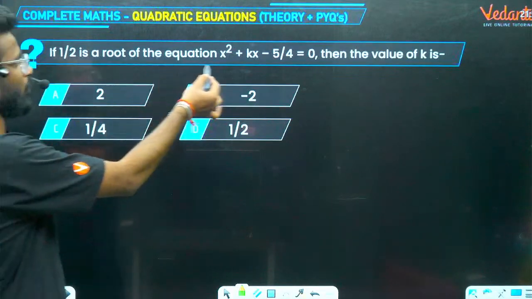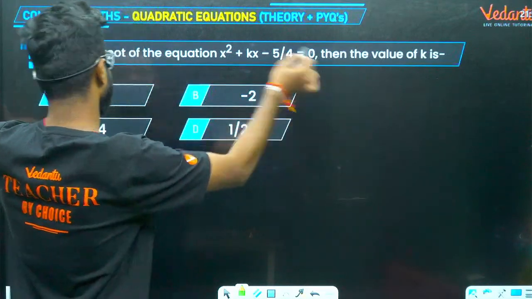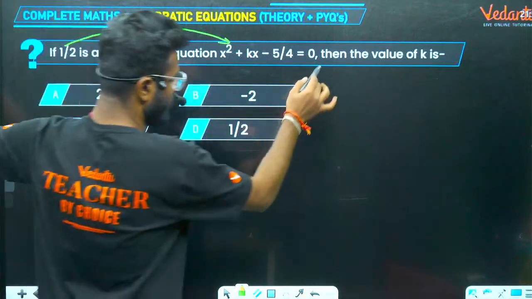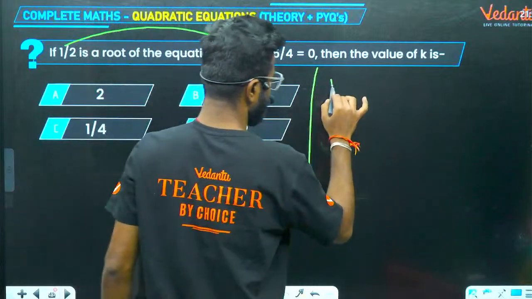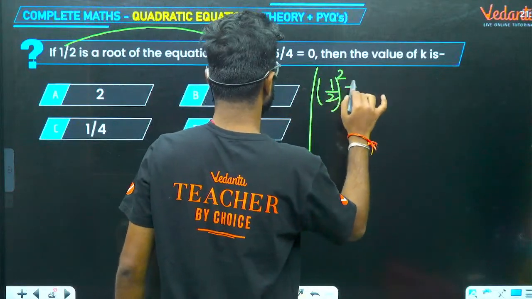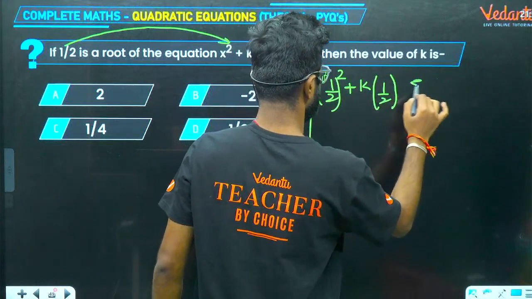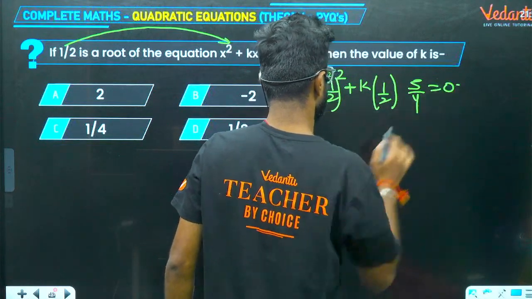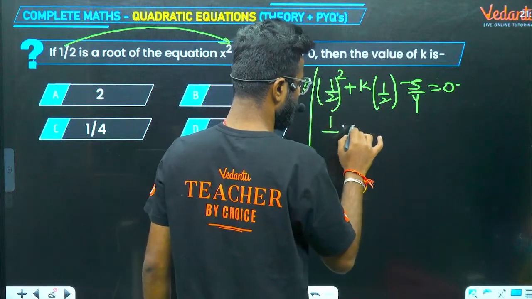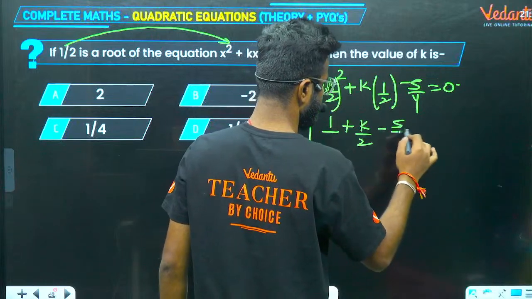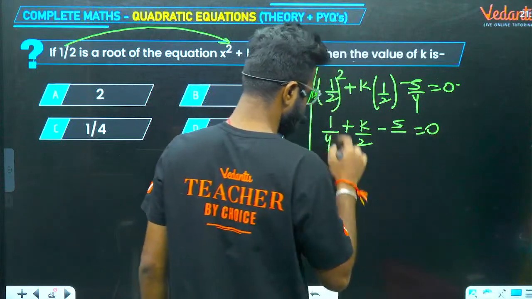If 1 by 2 is the root of this equation, find the value of k. Simply you have to put 1 by 2 in place of x, and you can get the value of k. 1 by 2 square plus k into 1 by 2 minus 5 by 4 is equal to 0. 1 by 4 plus k by 2 minus 5 by 4 is equal to 0.